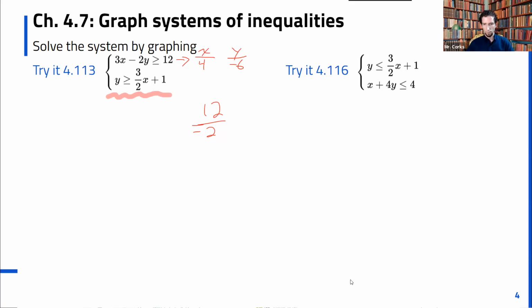Okay, that looks better. I'm sorry, Professor, may I ask a question? Sure. What do we do in the second equation? What does 12 over -2 mean? Okay, I'll just repeat the process of finding the intercepts.